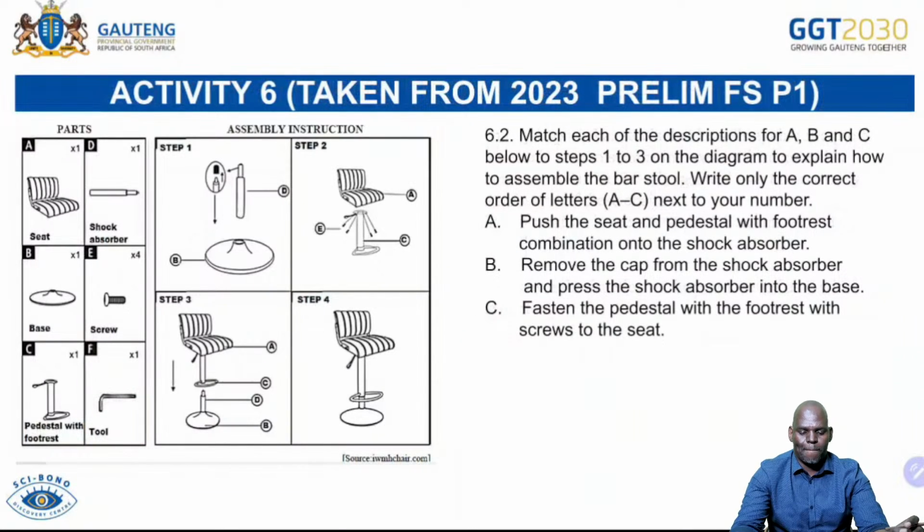Then number 6.2 is match each of the descriptions for A, B, and C. Sorry, it says match each of the descriptions for A, B, and C below to steps 1 to 3 on the diagram to explain how to assemble the bar stool.